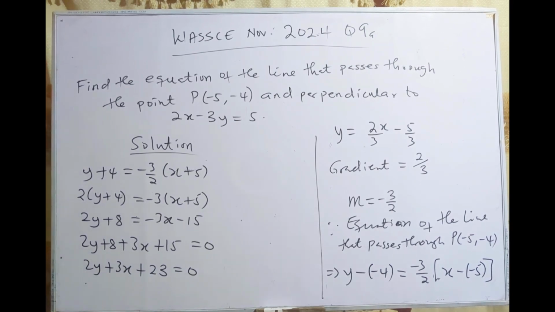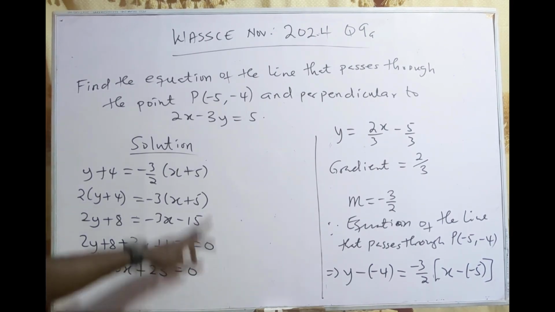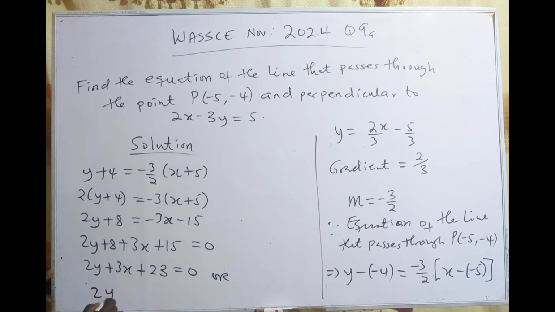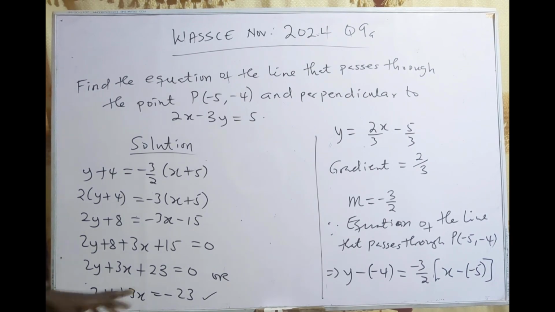So the equation of the line is 2y plus 3x plus 23 equal to 0, or you can say 2y plus 3x equal to minus 23. This is the equation of the line that is perpendicular to this particular line.